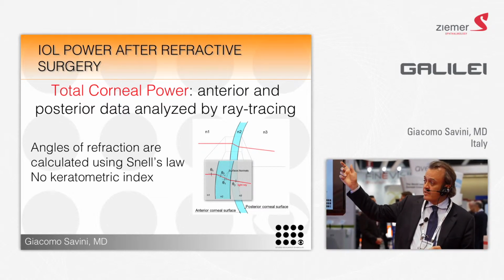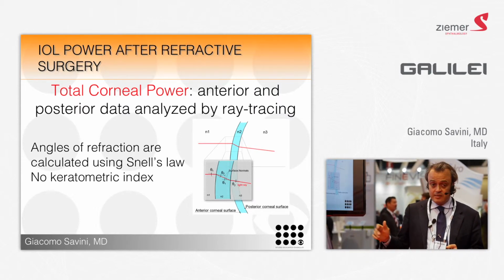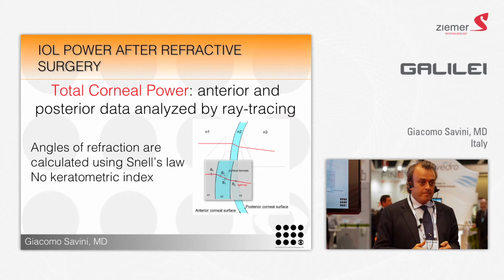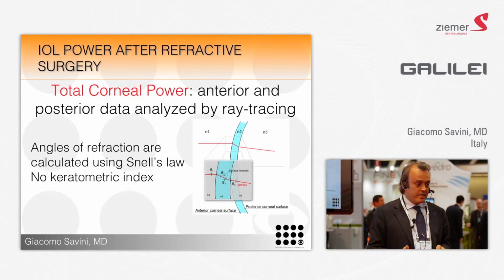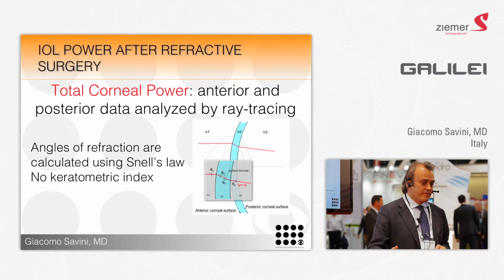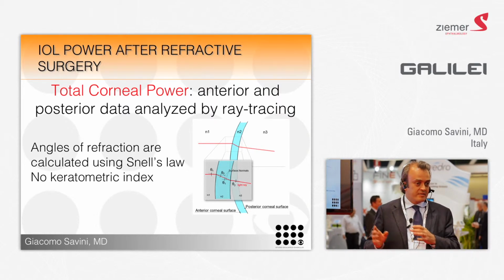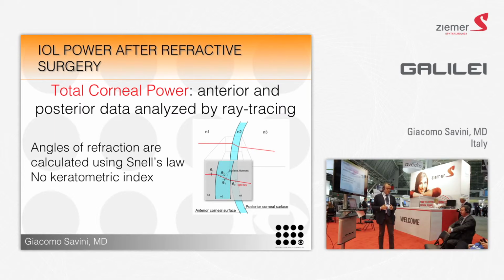This is done by ray tracing using Snell's law, and this is what the Galilei did a few years ago as the first Scheimpflug camera. Then other rotating Scheimpflug cameras have followed this approach because they understood that this is the right way to make calculations after refractive surgery.